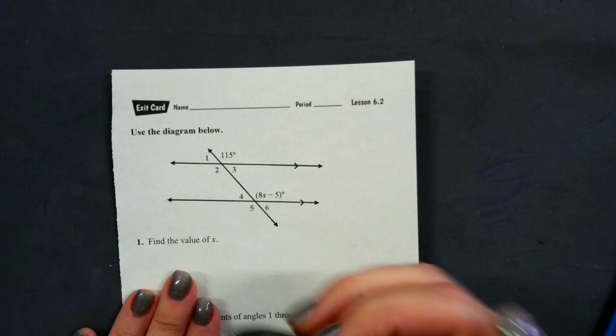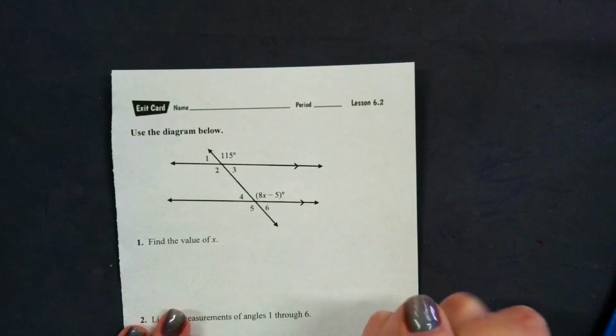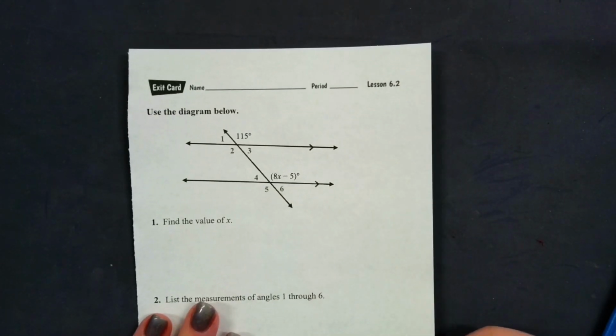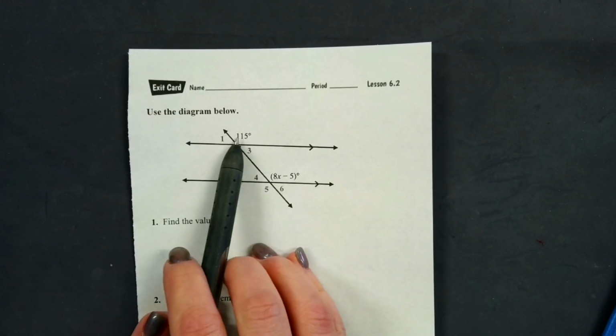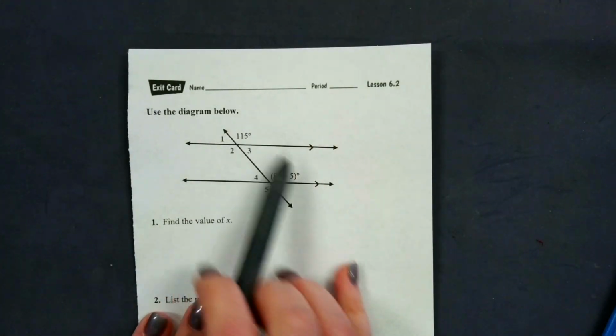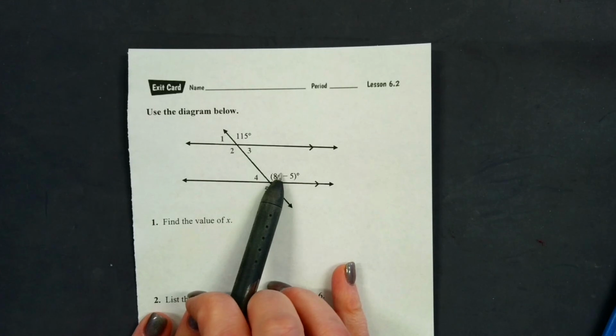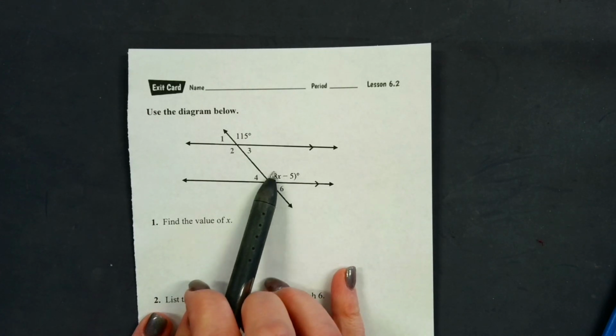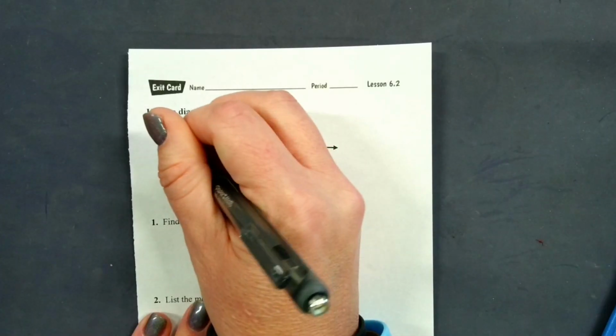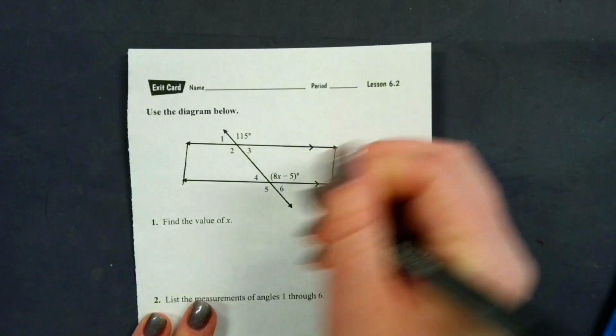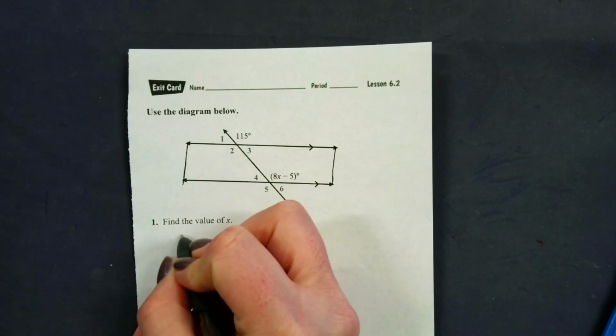Okay? So what we need to do is find the value of x. And I'm going to show you how this works. So we are on the same side, but are we same side interior? Right here? No. So we're not setting it equal to 180. So we're setting it equal to each other.